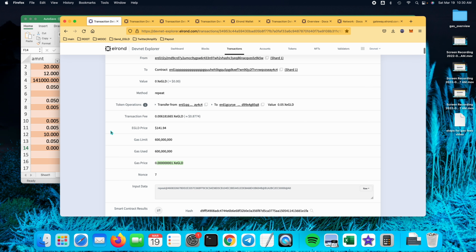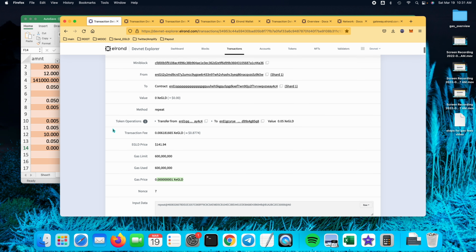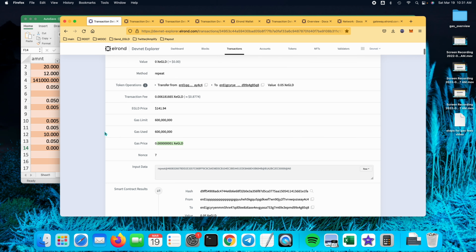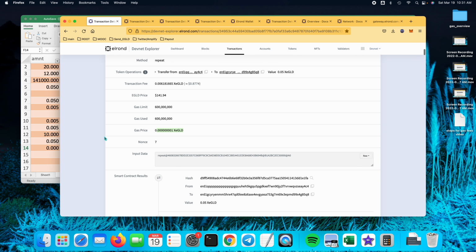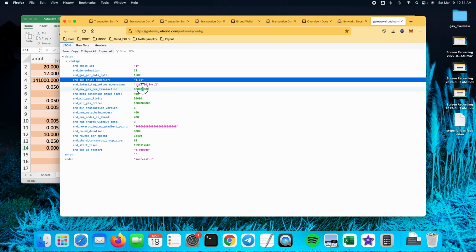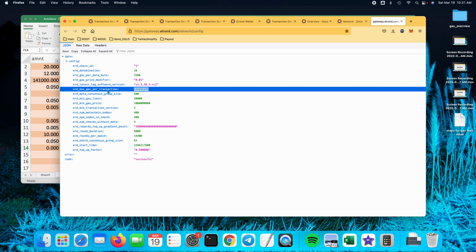In this transaction, it's also worth noting that whenever I first called this repeat function on this smart contract, I put in this number here. And if you recognize this number, it's because it's the same number right here, the max gas per transaction.